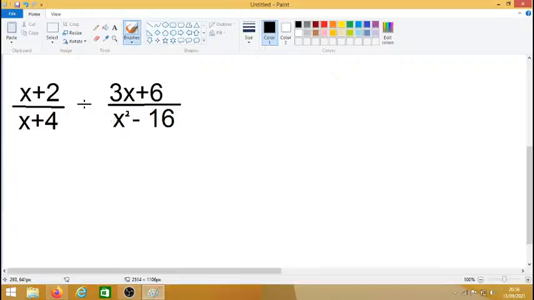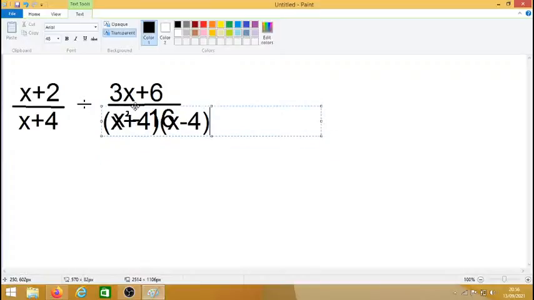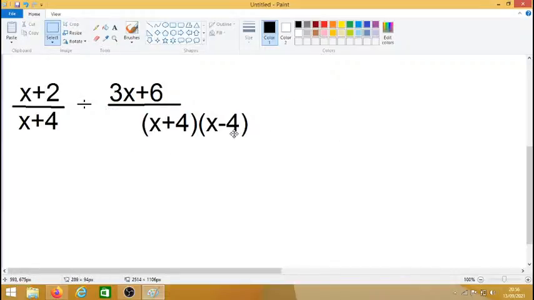So we think, where did x squared minus 16 really come from? It came from x plus 4 with x minus 4. So that's what we really want to swap here. So let's take the x squared minus 16 out and put in the x plus 4, x minus 4.